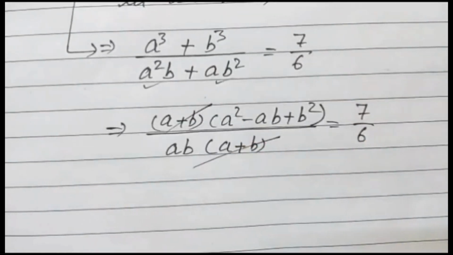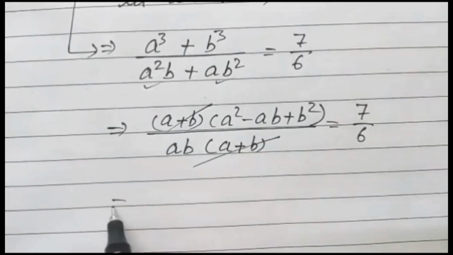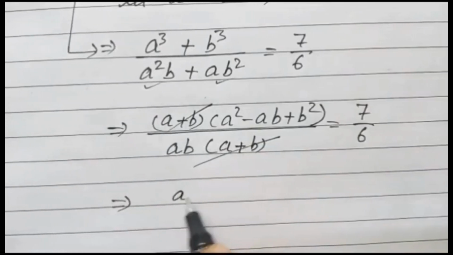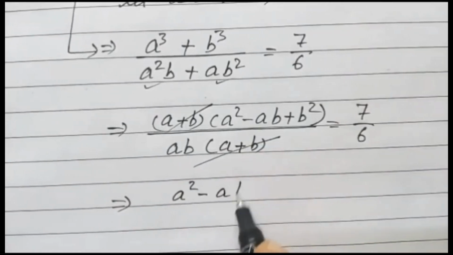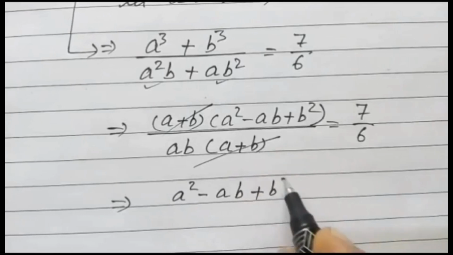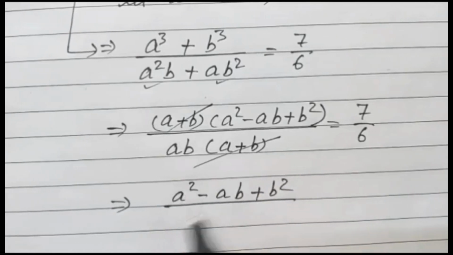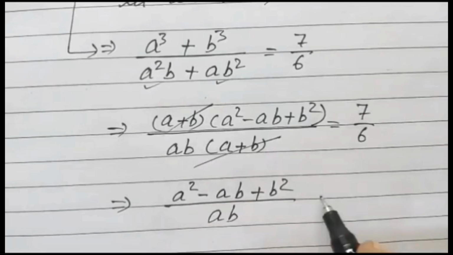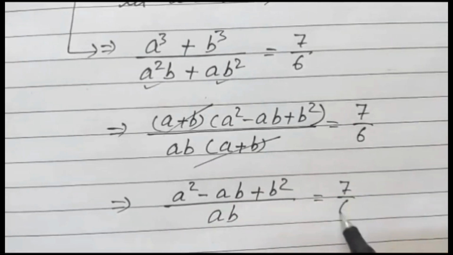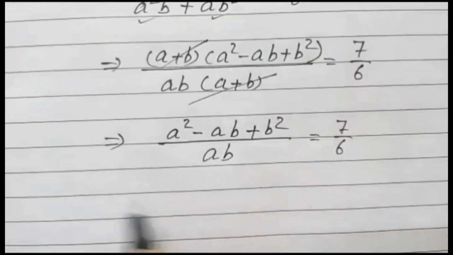Now this and this will cancel out, so we have (a^2 minus ab plus b^2) over ab is equal to 7/6, right?